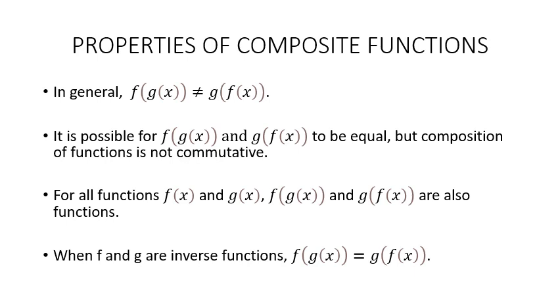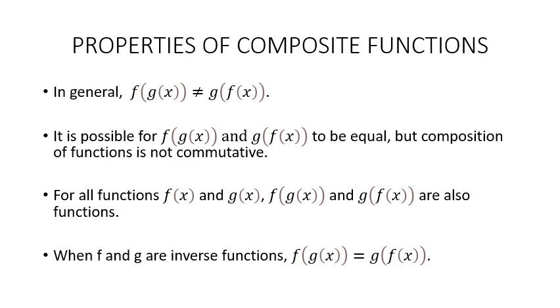So for all functions f of x and g of x, their compositions are also functions, and f of x and g of x. That's a pretty theoretical property, but who knows, it might come in handy one day. This is going to be very important for inverse functions.